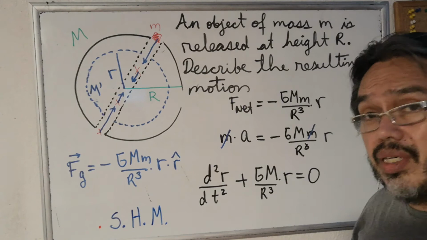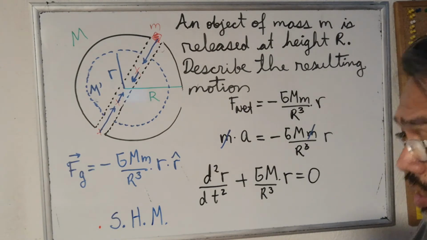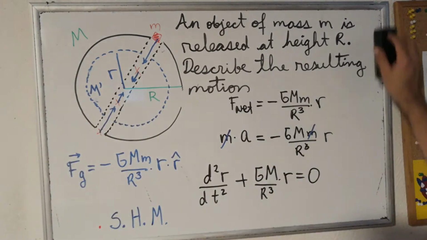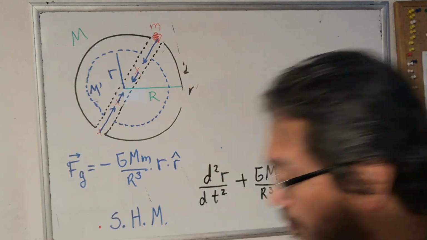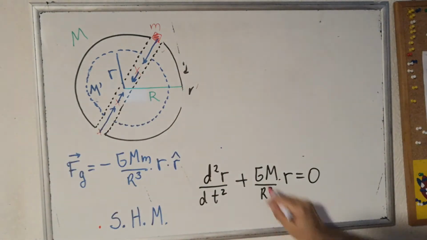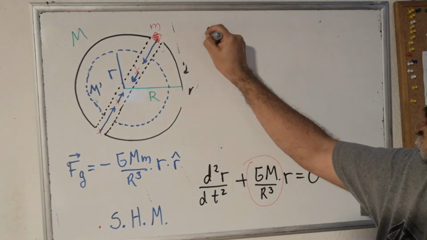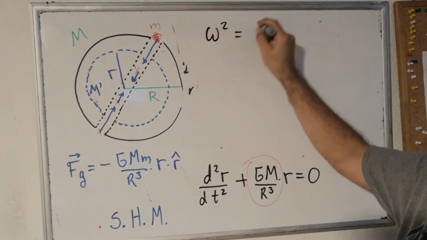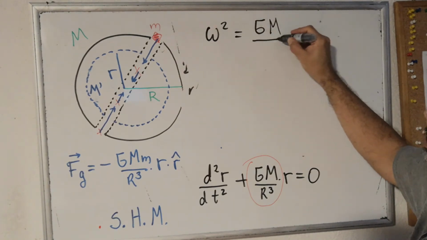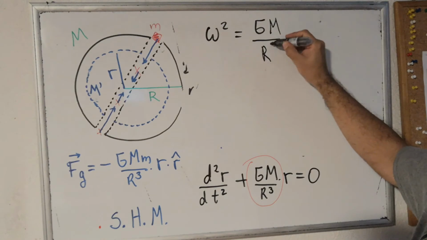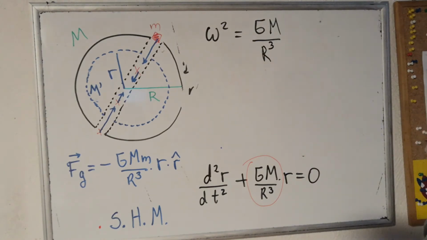Now, under these circumstances, your angular frequency, your omega, comes from this constant over here, and so omega squared is equal to the universal constant times the mass of the planet divided by the cube of the radius.